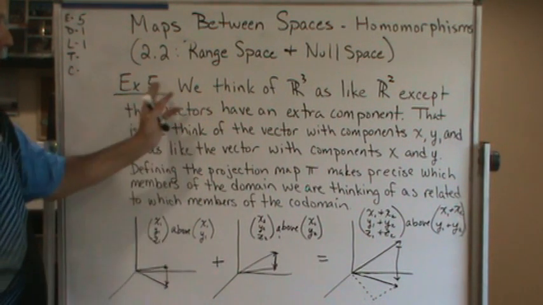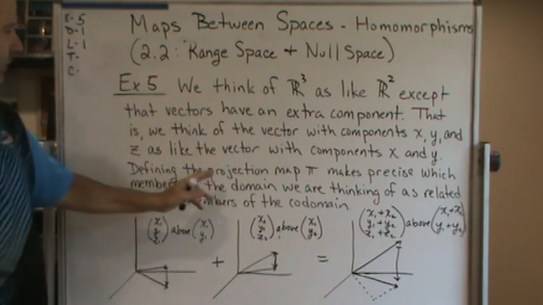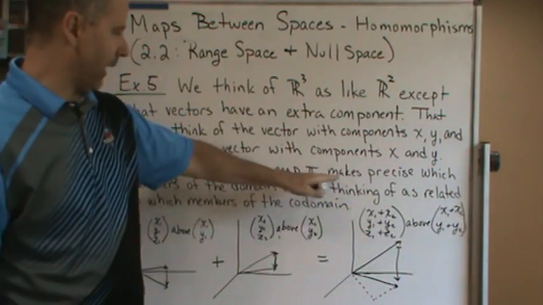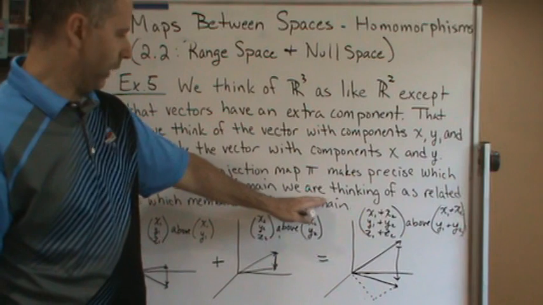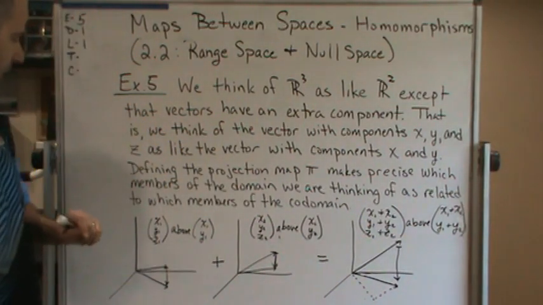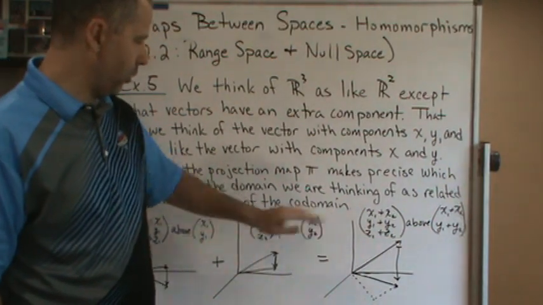This is what we have with the projection, the pi function. Now, defining the projection map pi makes precise which members of the domain we are thinking of as related to which members of the codomain.